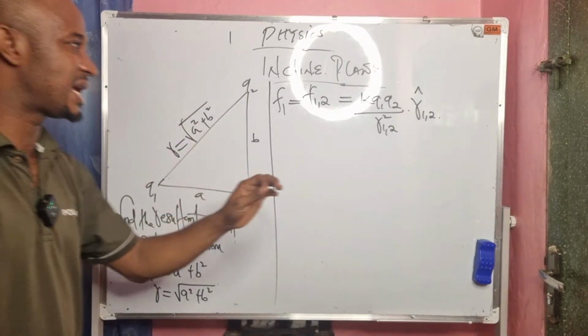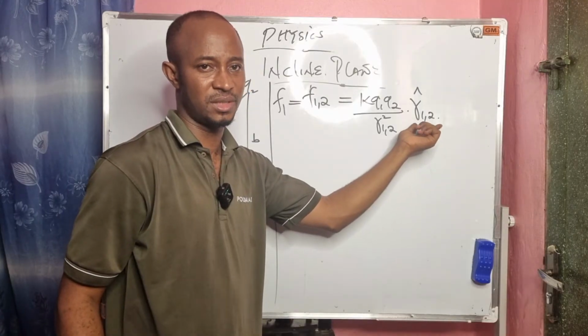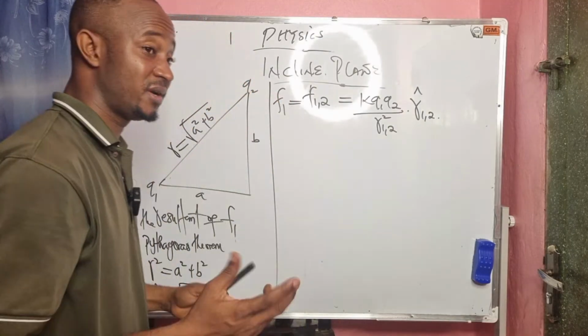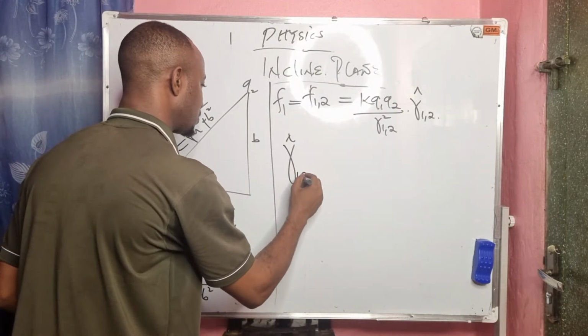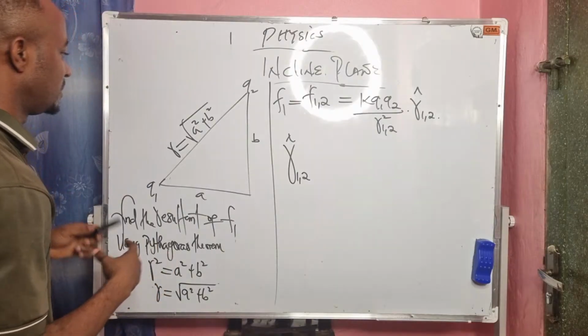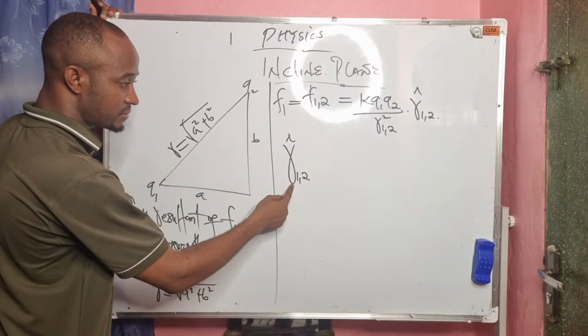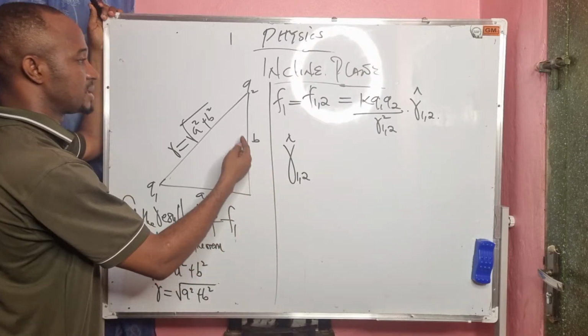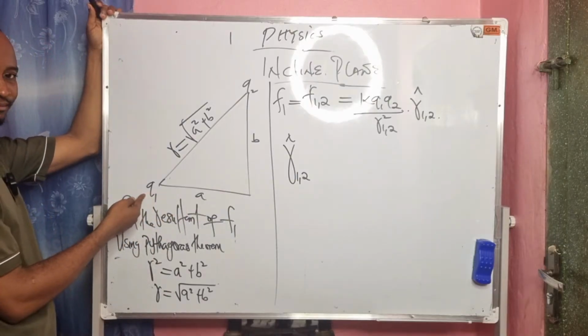The challenge is, how do we define the direction of action? Direction of action of 12 simply means from 2 to 1. From 2 to 1 means I will move down this way, then move towards charge 1.